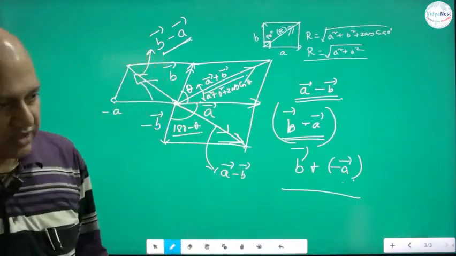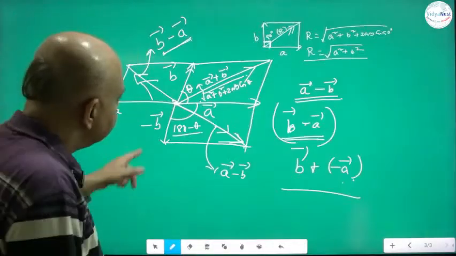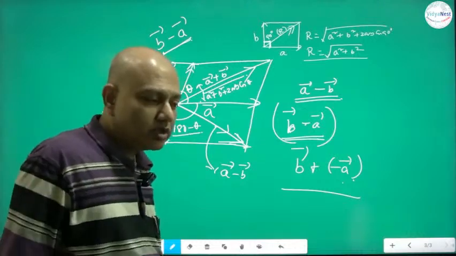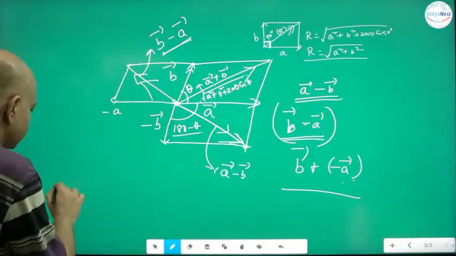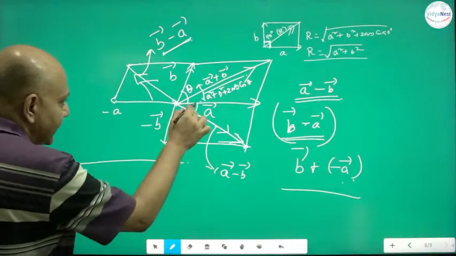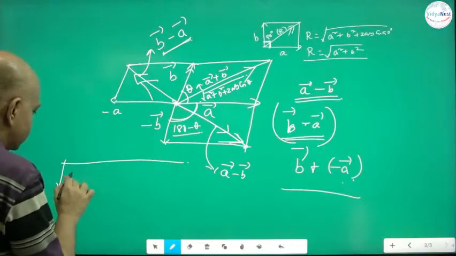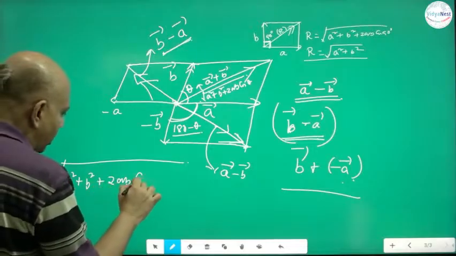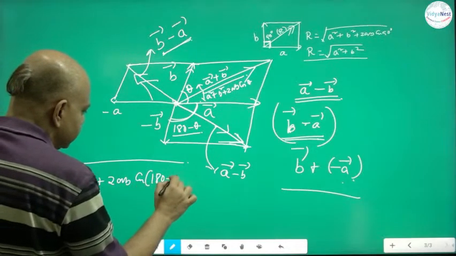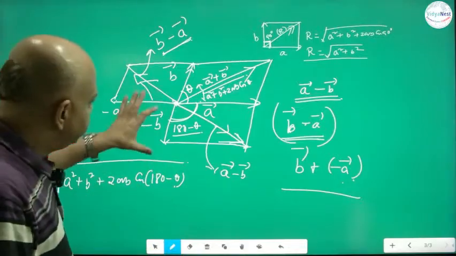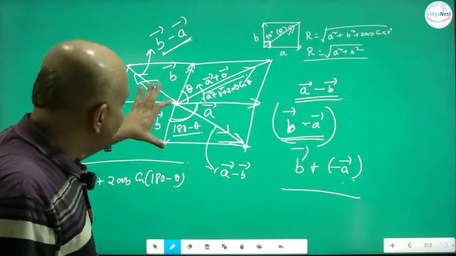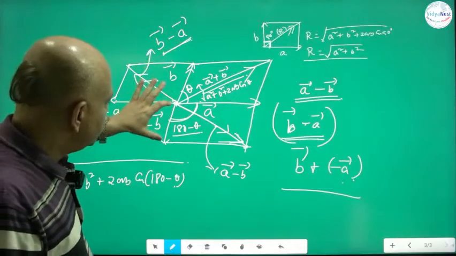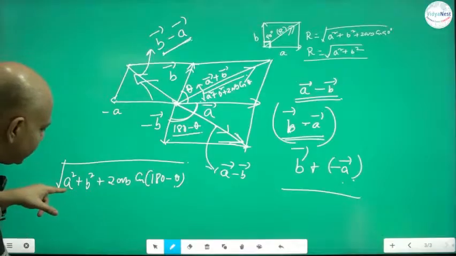Now we want to find this magnitude. So how to do? Simply you can see the angle is 180 minus theta, therefore A square plus B square plus 2AB cos 180 minus theta. We just put the magnitudes, since the magnitudes of minus B and plus B are same, na?